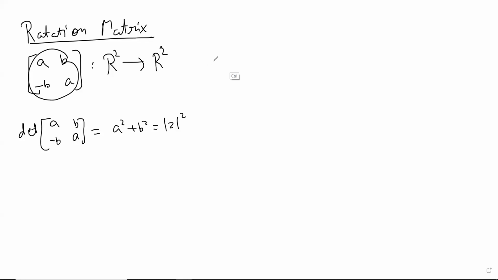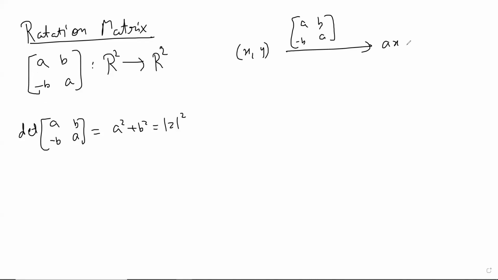My question is: if you input a vector x comma y and multiply it by this matrix, how can you geometrically describe the output? We can obviously write what it is, ax plus by, minus bx plus ay, but what is going on geometrically, if anything significant?